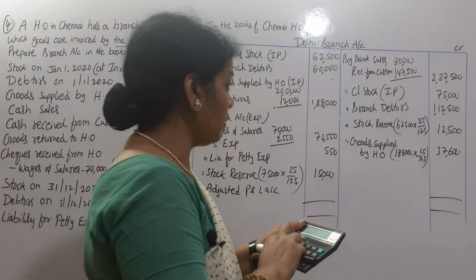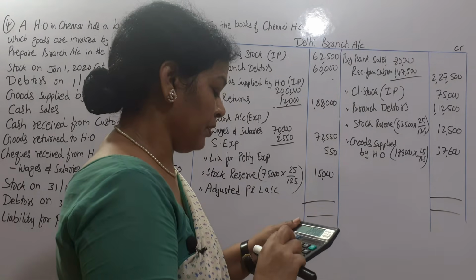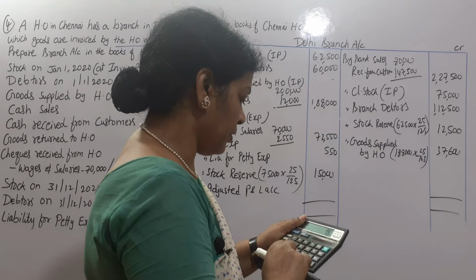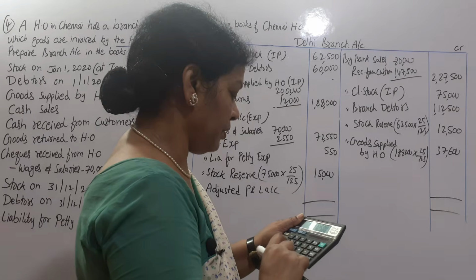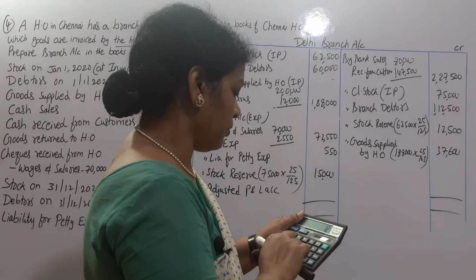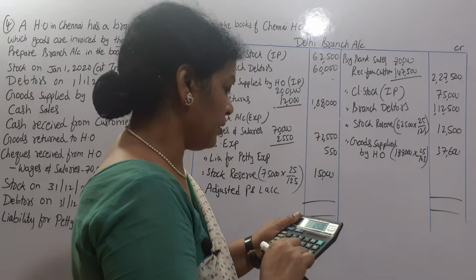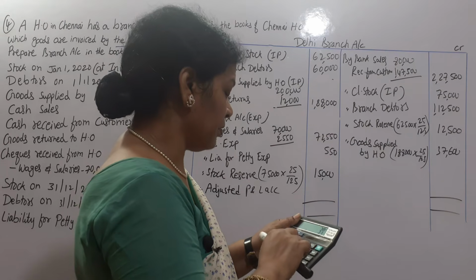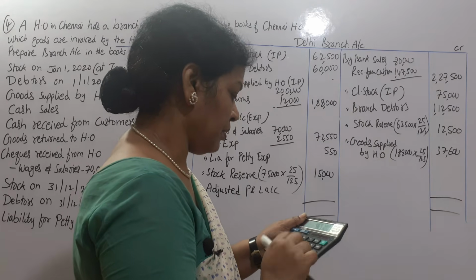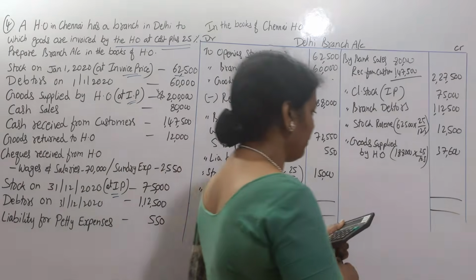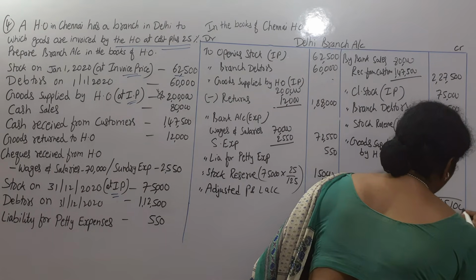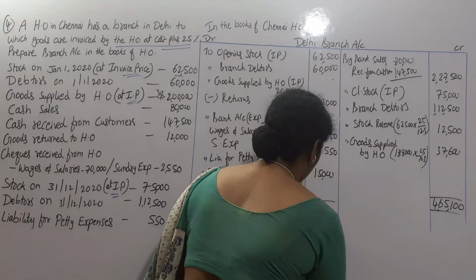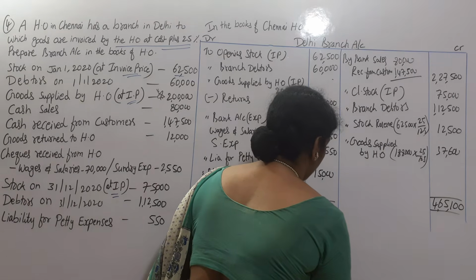This total is 2,27,500 plus 75,000 plus 1,12,500 plus 12,500 plus 37,600. It is 4,65,100. We'll write here also 4,65,100.